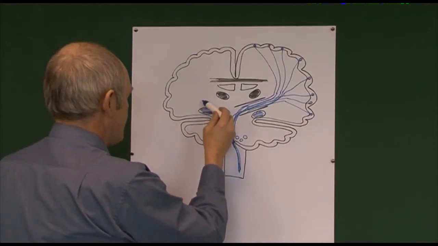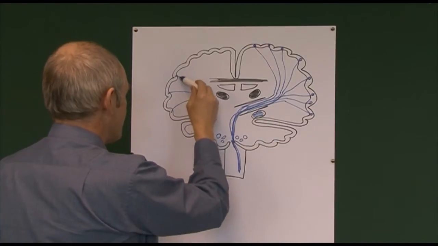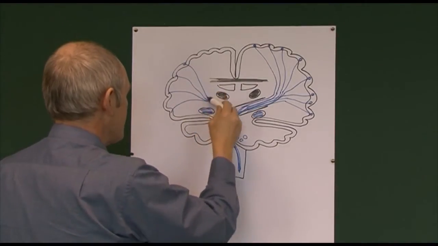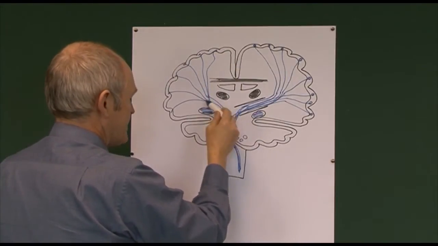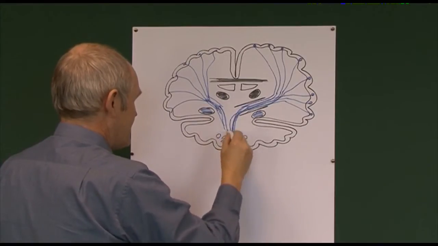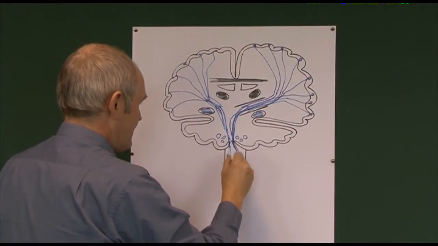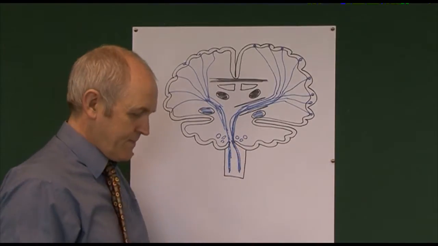Here we have the different nerve fibres, projection tracts, all coming into the internal capsule, all going down that side of the brain, going down that side of the brain stem.